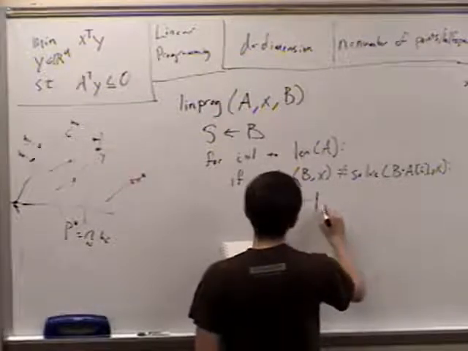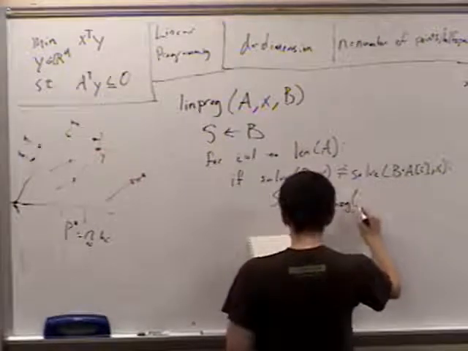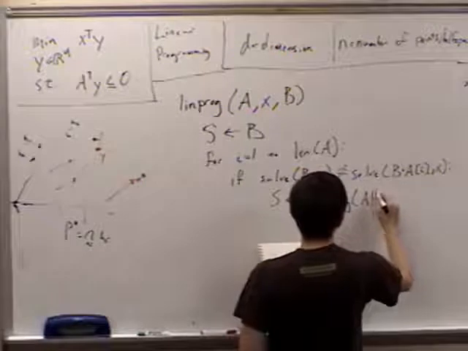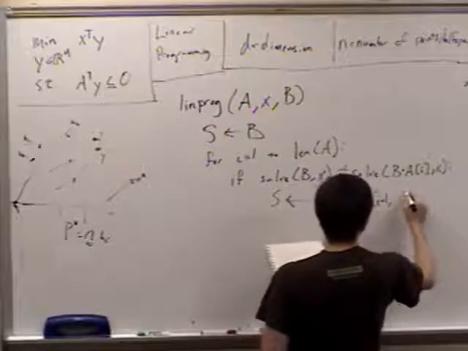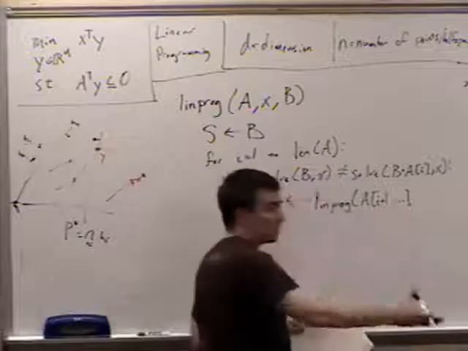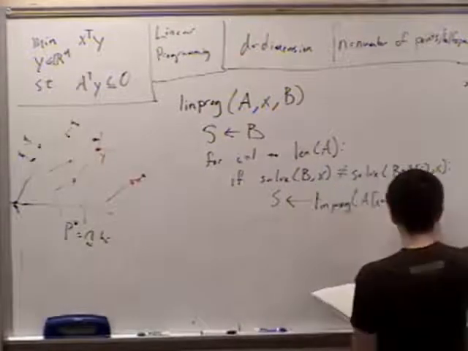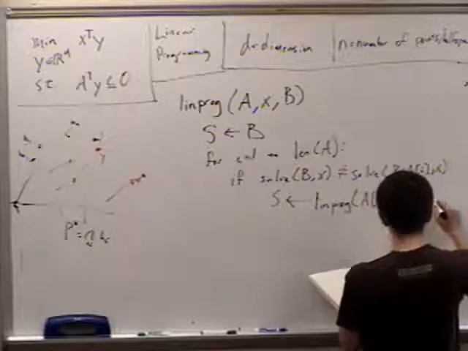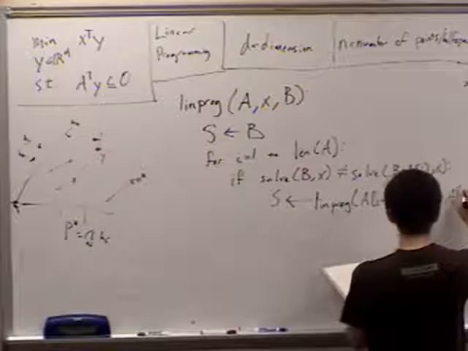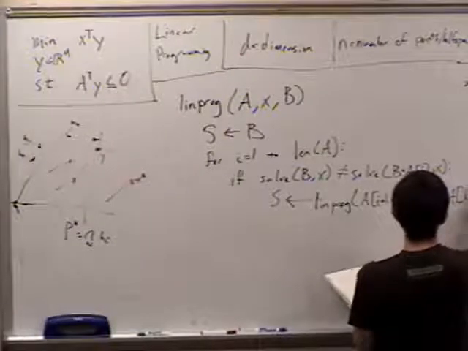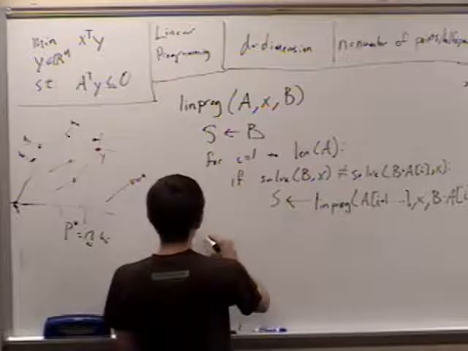So we'll call linprog on A from i plus 1 to infinity, so basically take the rest of the array A, and then recursively call with the parameter x, then B concatenated with a_i. And then when we're all done, we'll just return S.